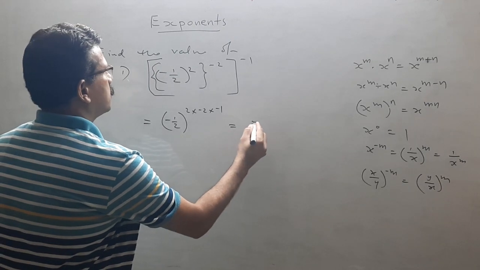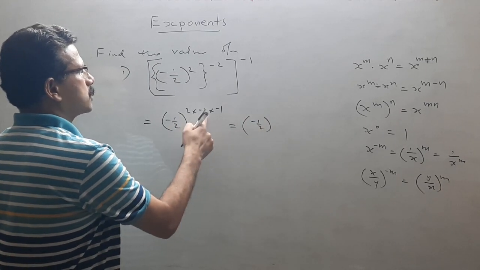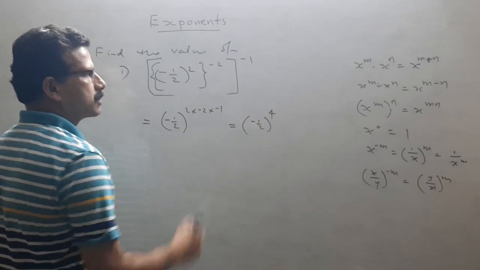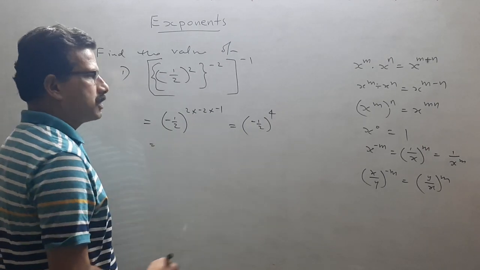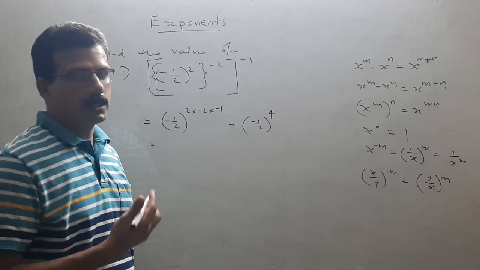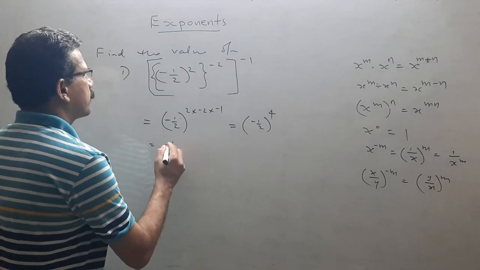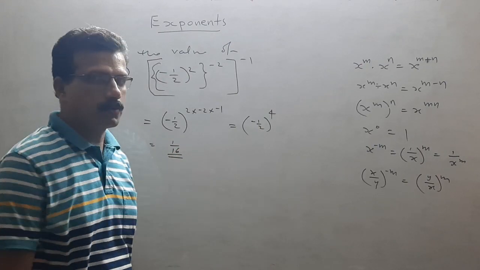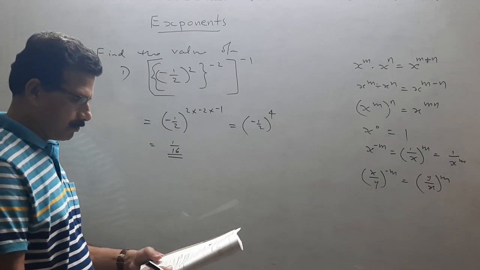That becomes minus 1 by 2 to the power 4, since minus into minus is plus. Minus 4 times multiplied, minus will disappear: 1 by 2 into 1 by 2 into 1 by 2 into 1 by 2, that is 1 by 16. We can write the answer directly.